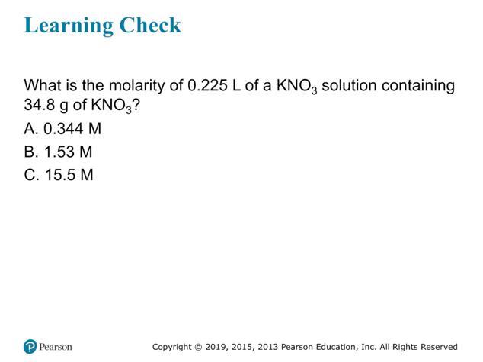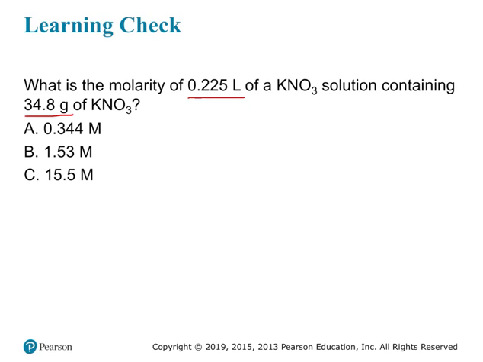All right, and let's do one more problem. What is the molarity of 0.225 liters of a potassium nitrate solution containing 34.8 grams of potassium nitrate? So this is really similar to the previous problem. We're given the amount of solution in liters, and then we're given the amount of solute in grams.